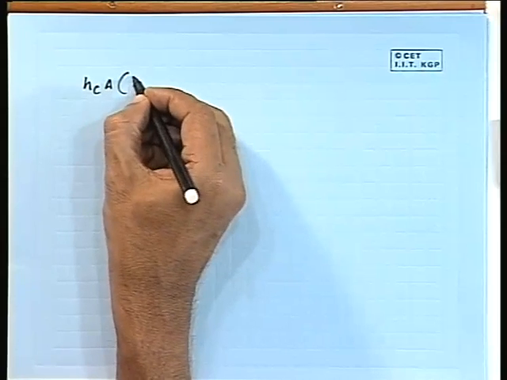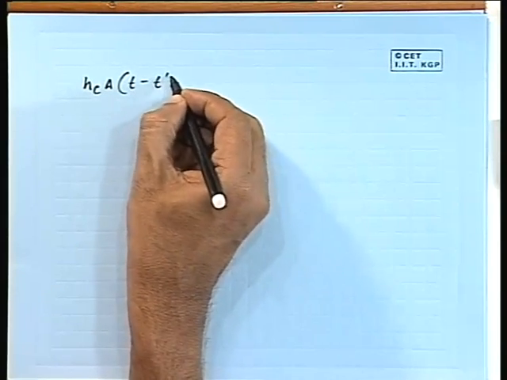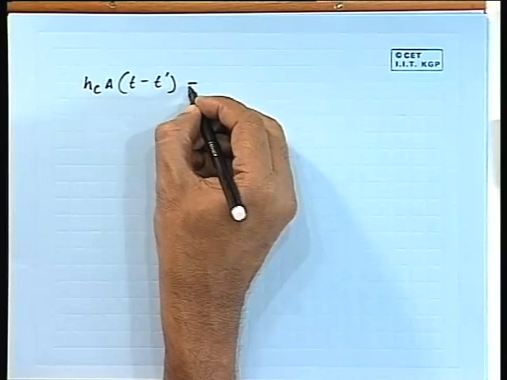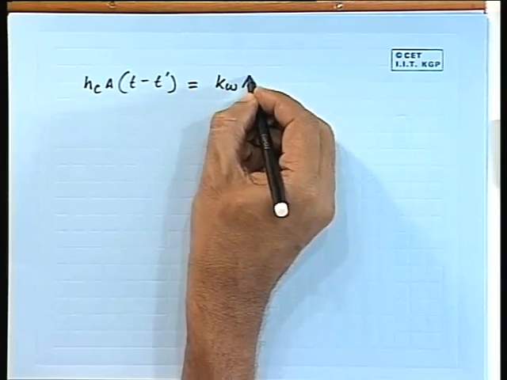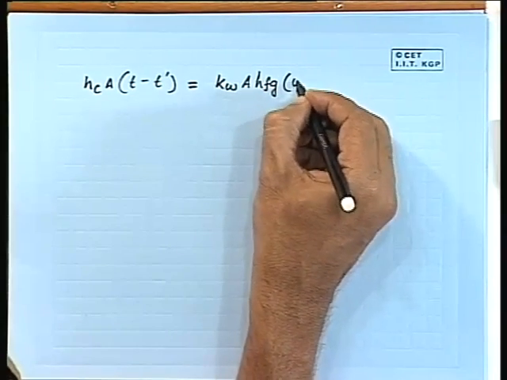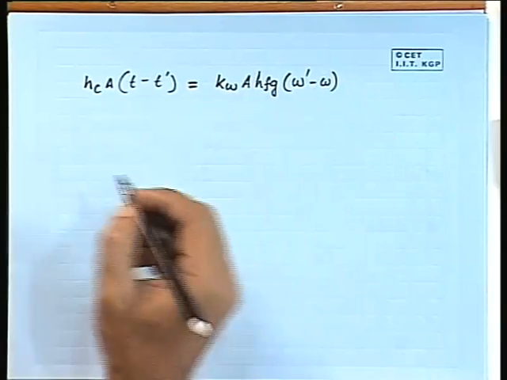h_c A (T minus T dashed) is equal to K_W A h_fg (W dashed minus W).